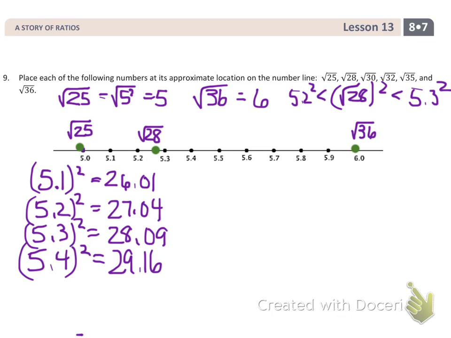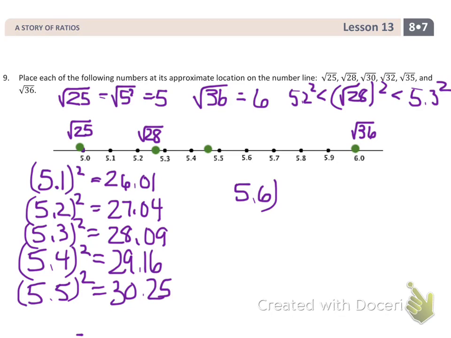So it's not between 5.3 and 5.4. 5.5 squared is 30 and 25 hundredths. So now I know where the square root of 30 is. It's between 5.4 and 5.5, and it's closer to 5.5. So we'll put it right in there somewhere. Okay, then I'll continue on.